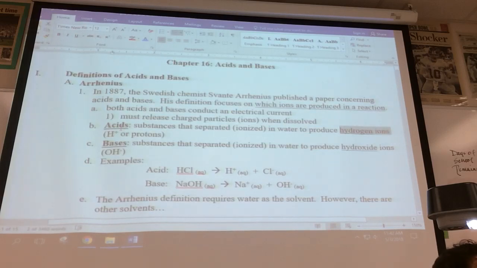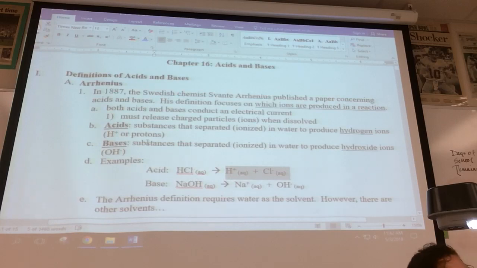So acids, when dissolved in water, generate protons. For example, hydrochloric acid, aqueous, dissolved in water, will generate proton and chloride ion. If the substance generates proton, that substance is an acid.